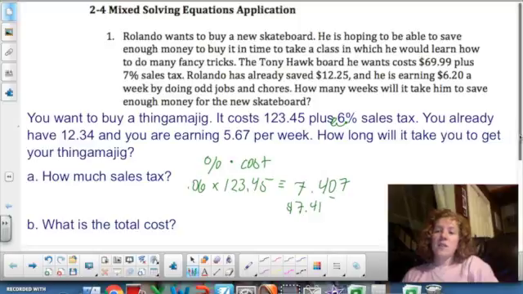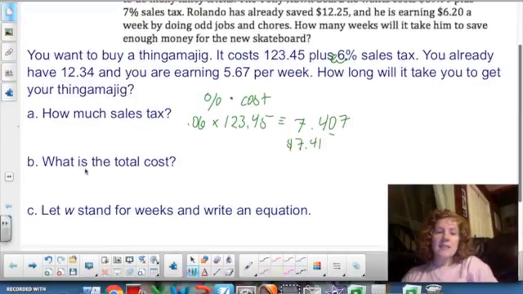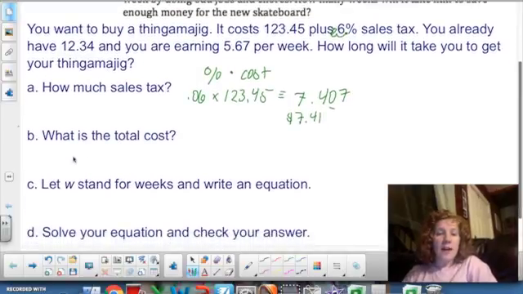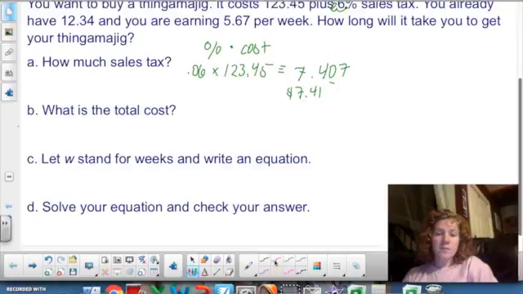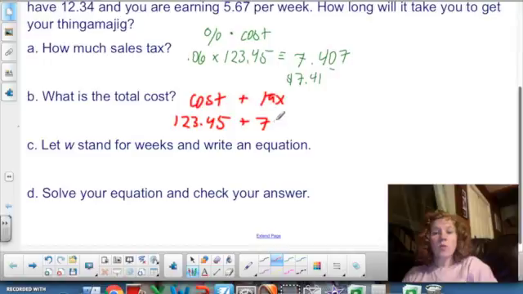So then the next part of the question, we're kind of stepping you through the process here. The next thing it asks is, what's going to be the total cost of your item? Well, the total cost is going to be the cost of the item plus the tax. So in this case, the cost of my item is $123.45 plus my tax, which we just said was $7.41.